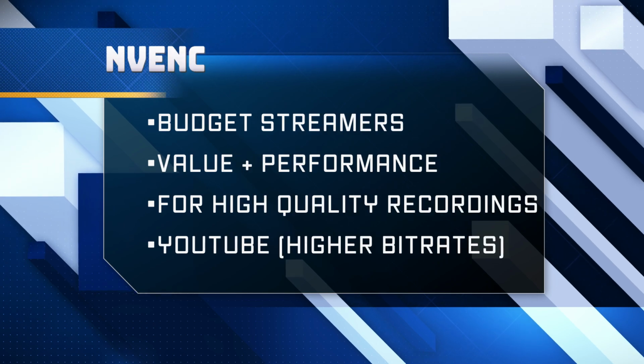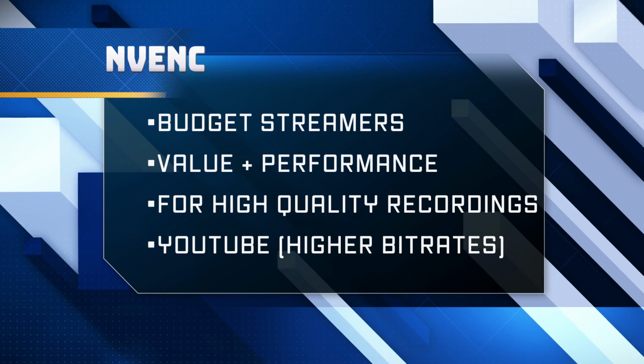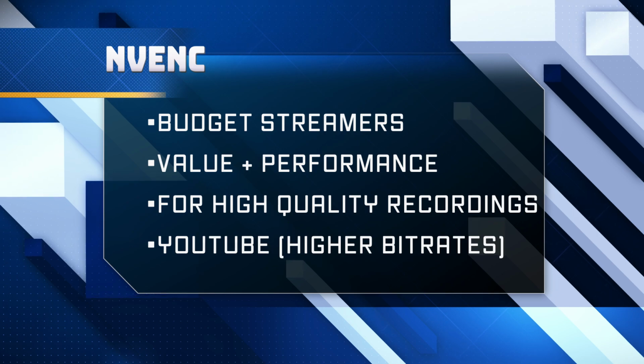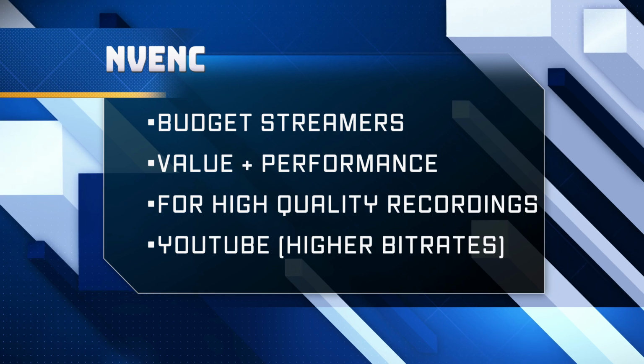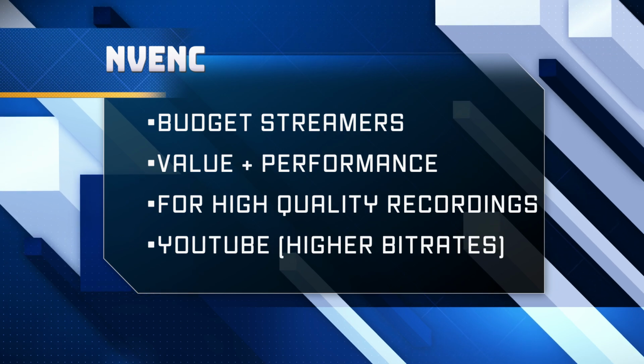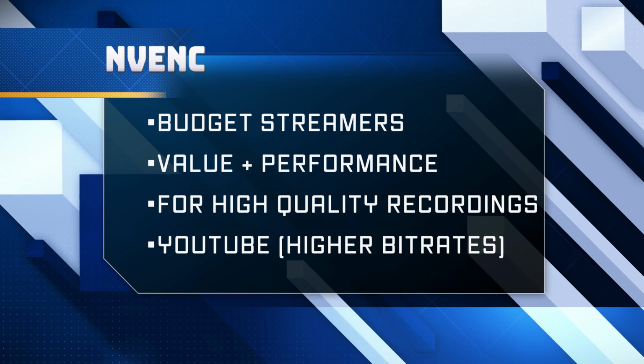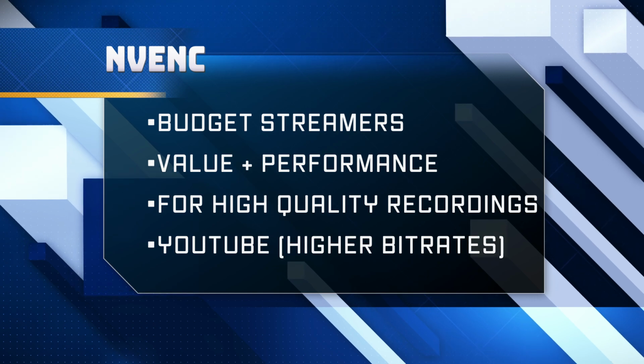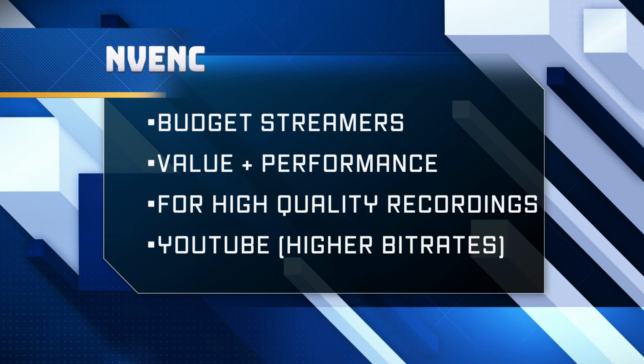For the budget streamers out there, or just anyone who, like myself, appreciates the value of $1, I strongly recommend trying NVENC. The difference in quality is nearly a placebo, and it comes with the benefit of being able to record and stream at the same time in excellent quality.